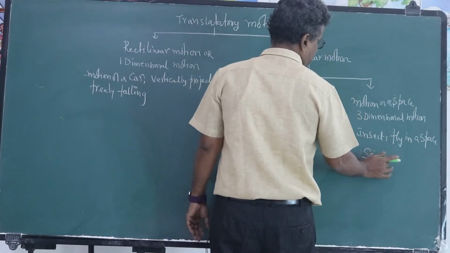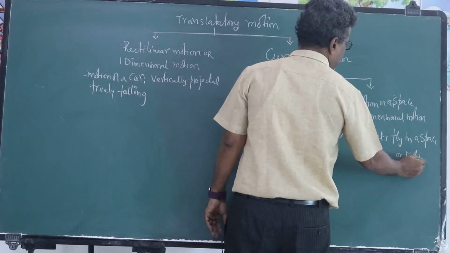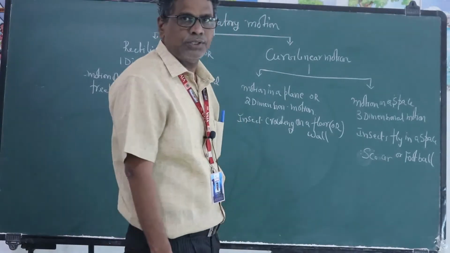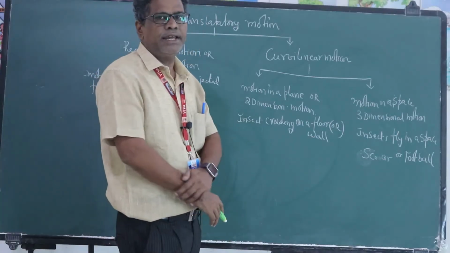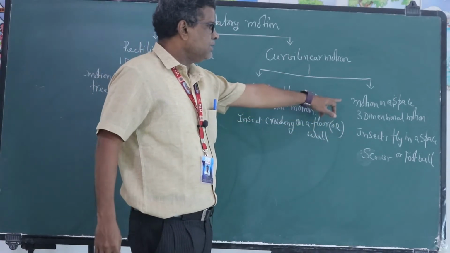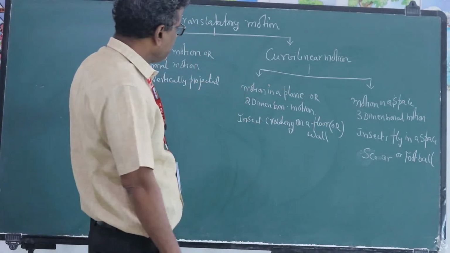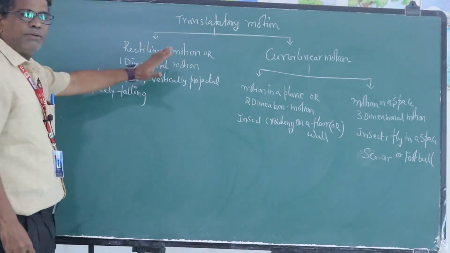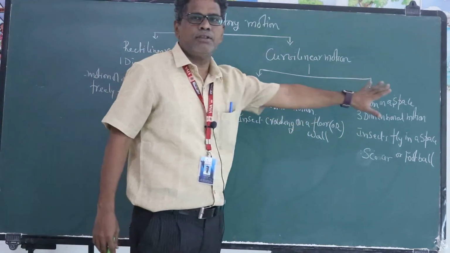Football on a ground: if the ball is hit with a foot, the ball will move randomly in any direction. So these are a few examples for three-dimensional motion. These are the problems we are going to discuss in kinematics, classified into one-dimensional, two-dimensional, three-dimensional.